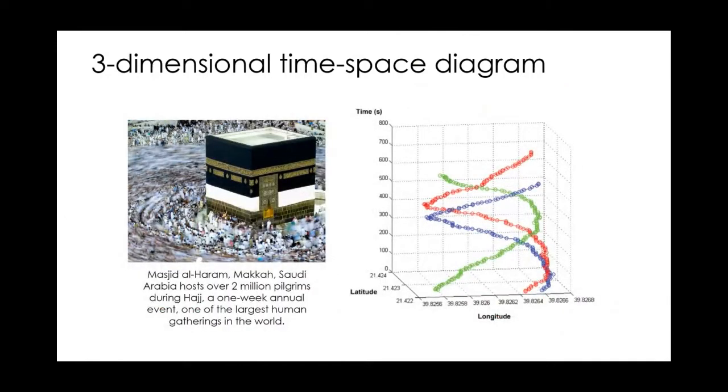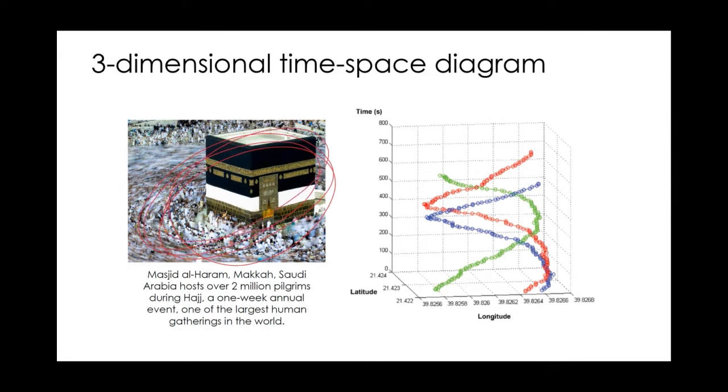A very interesting example is, I don't know how many of you are familiar with this, but every year Muslims do a ritual in Saudi Arabia where they move around this little house, which we call the Kaaba in Mecca, and they do 7 circles around it.